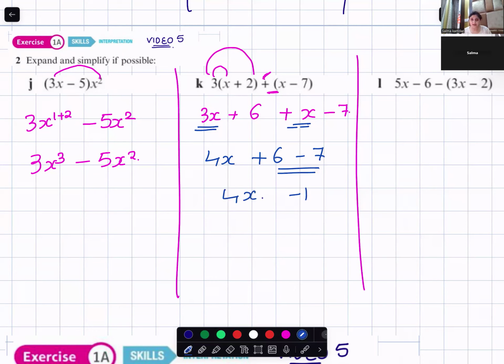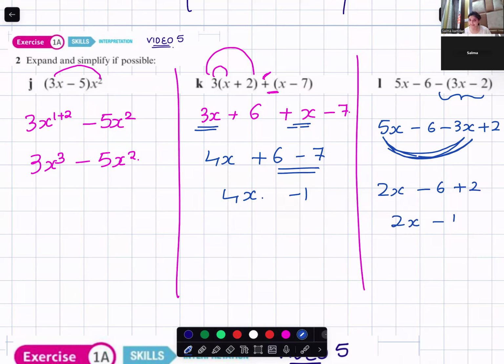So it will be 4x minus 1. I'll go ahead. 5x minus 6. Minus is going to change the sign inside. So minus 3x plus 2. x together, 5 minus 3, 2x. Minus 6 plus 2 makes it 2x minus 4.